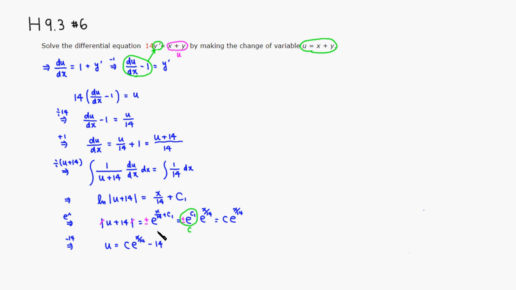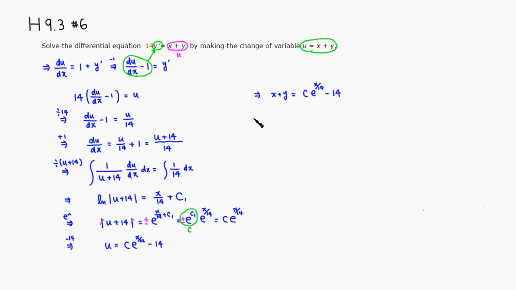Remember that u is originally x plus y, so x plus y is equal to c times e to the x over 14 minus 14.